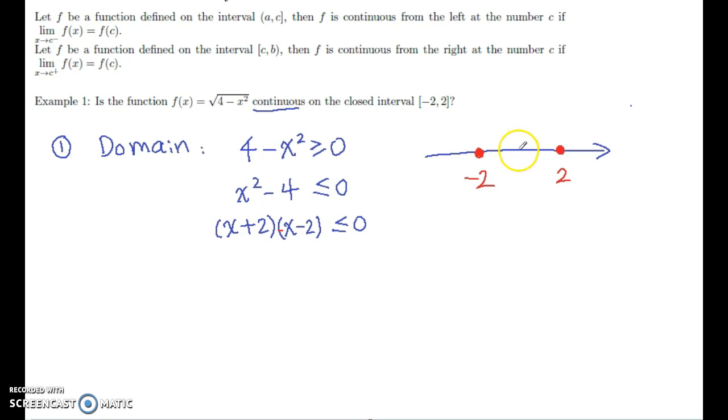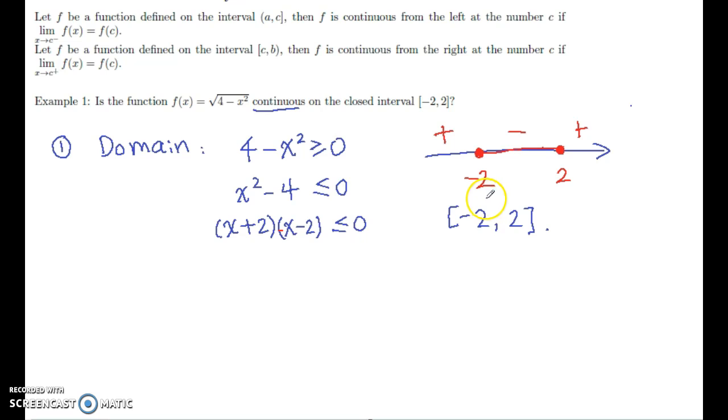Pick the number 0. Plug in 0, we get 2 times -2, which is less than or equal to 0. So it's negative in this area, positive here, and positive there. So the domain is this interval, and we write it in interval notation. A closed square bracket for a solid point: -2 to 2.